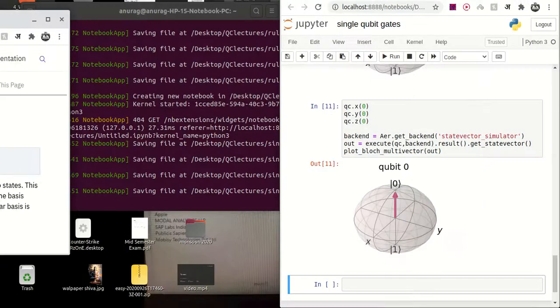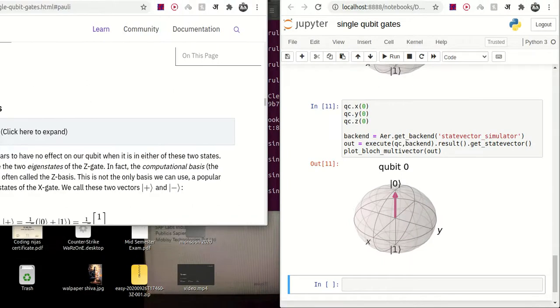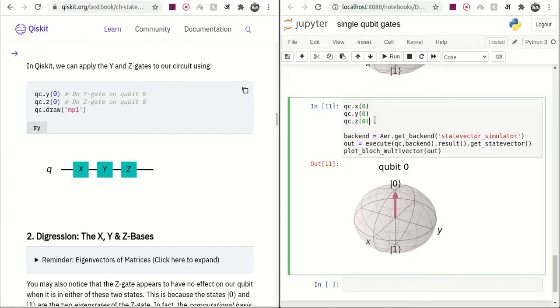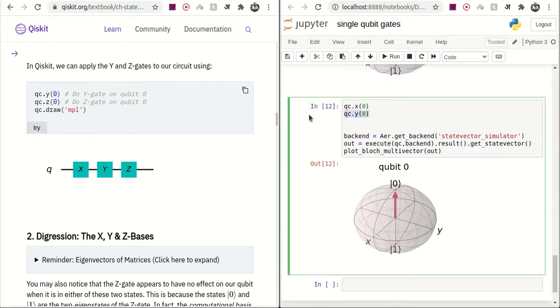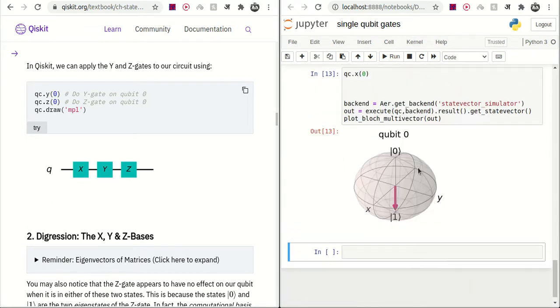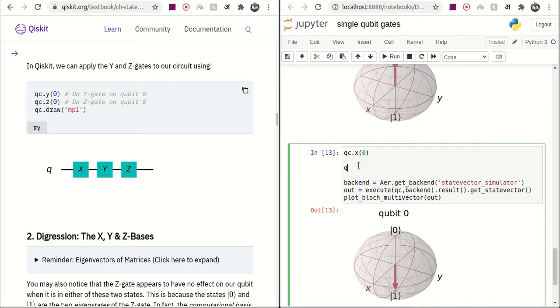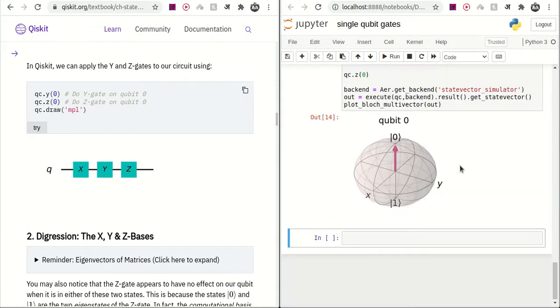So before that, let's remove one operation. It's still there. So it's y 0, then QC dot z 0, it should be there.